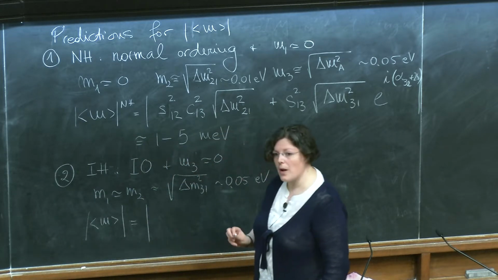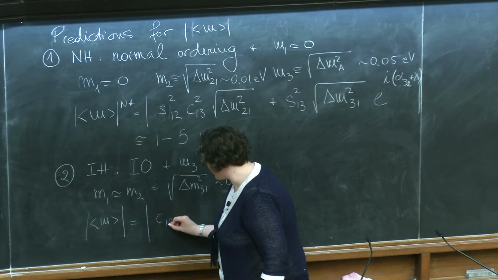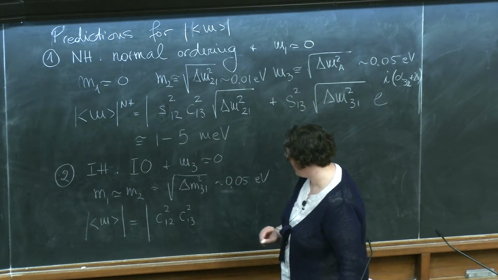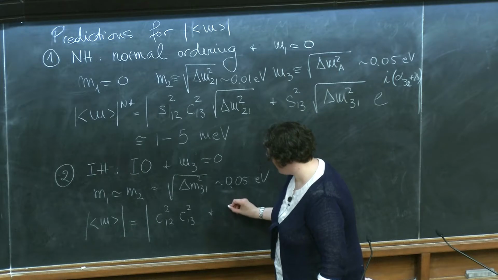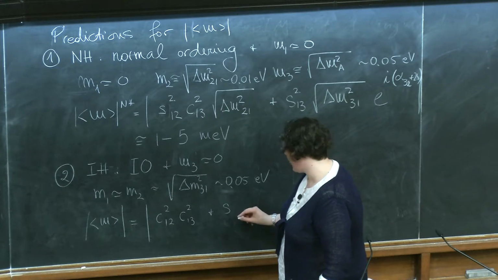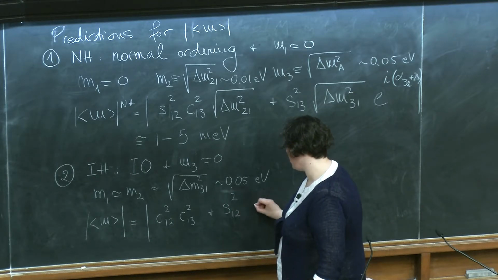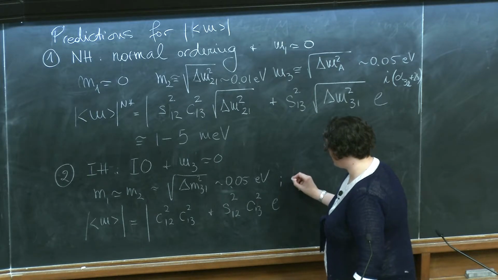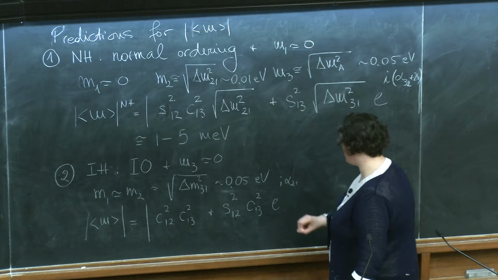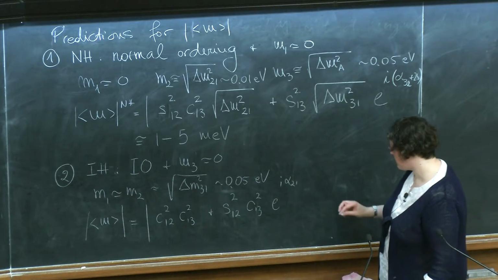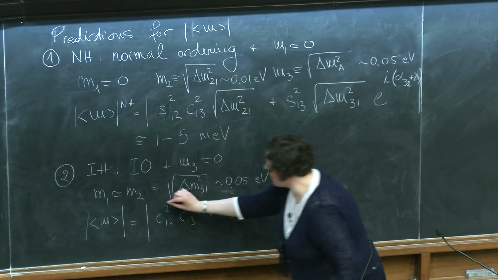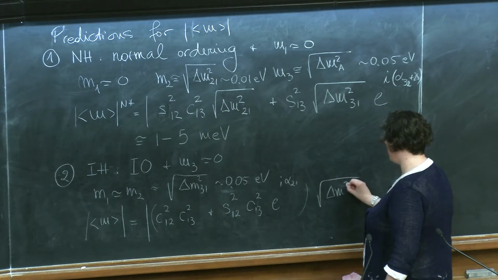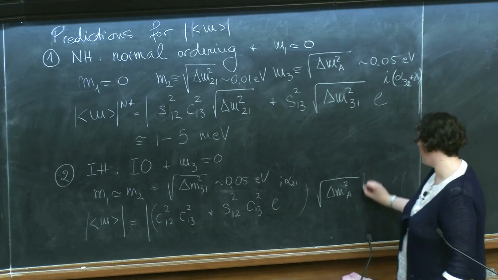I will have U_e1 squared, which is cos squared theta 12 cos squared theta 13. And then I will have U_e2 squared, which is sine squared theta 12 cos squared theta 13, with the relative phase in between. Let me call it alpha 21. And the common mass, which is the square root of delta m squared atmospheric.